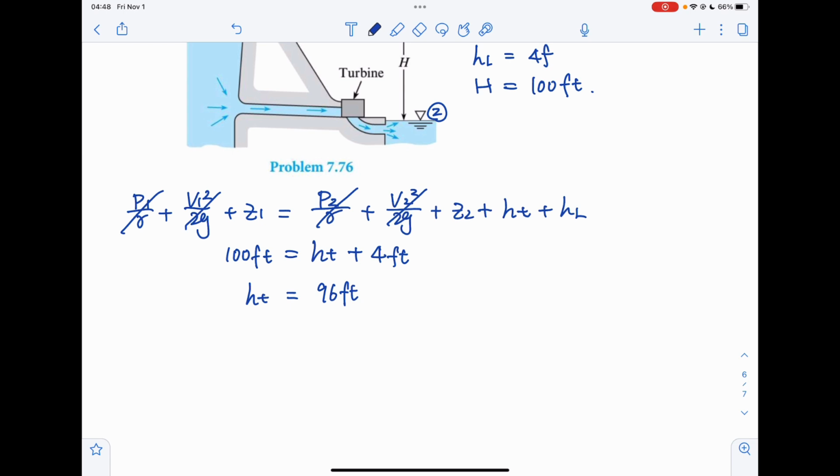So the power of the turbine equals Q times gamma times the head of the turbine times the efficiency.